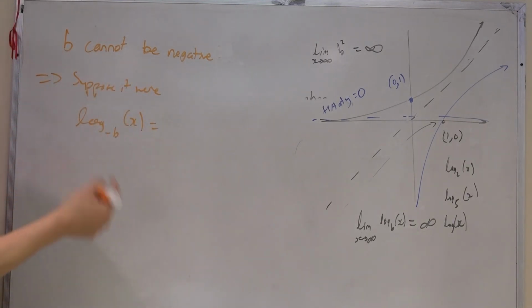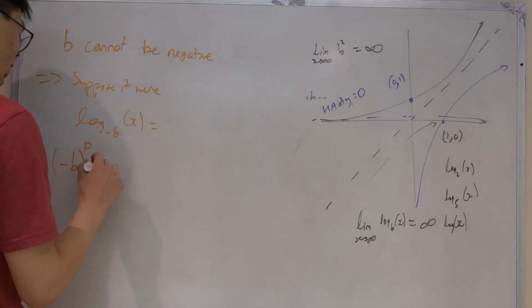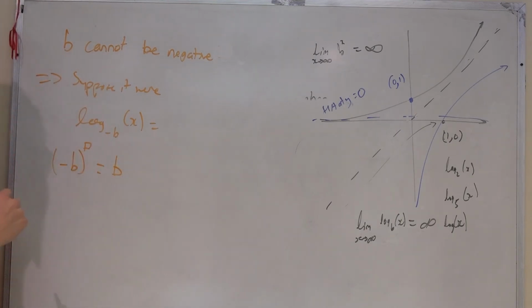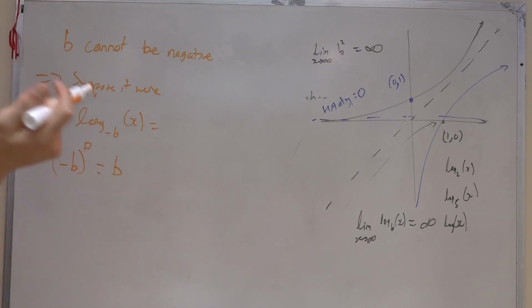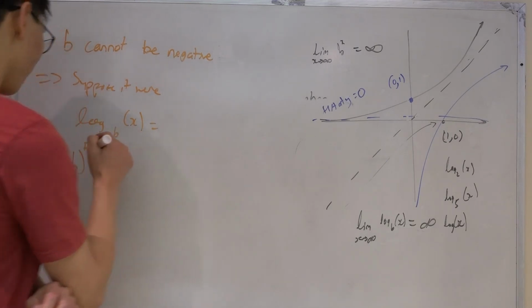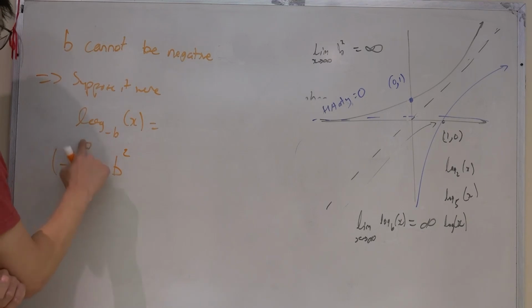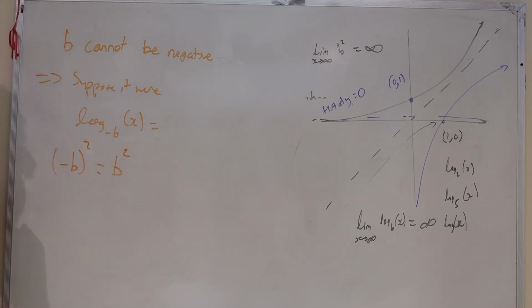Let's just evaluate it for a couple of numbers. Let's try negative b. What number do I have to raise it to in order to get b? Well, that's a bit of an issue, because 1 doesn't work, negative 1 doesn't work, so this will never assume the value of b. What about b squared? Aha, that one's easy, because negative b to the power of 2 is equal to b squared.